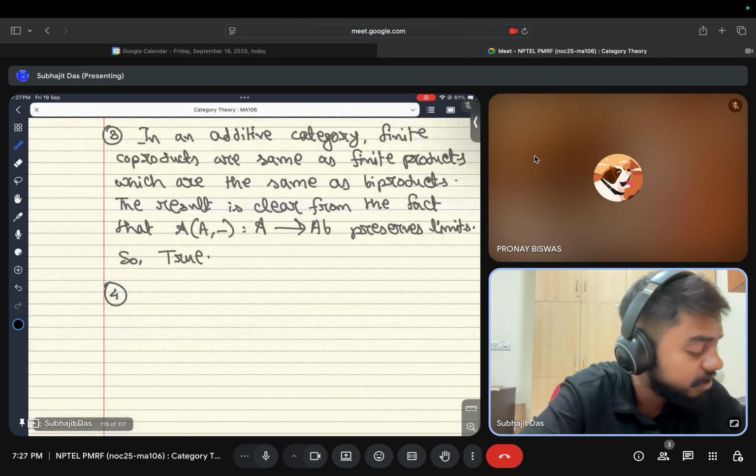Just a minute. Take the category of finitely generated abelian groups.